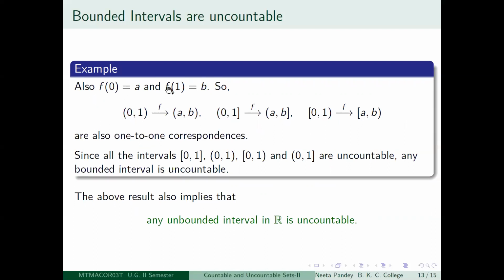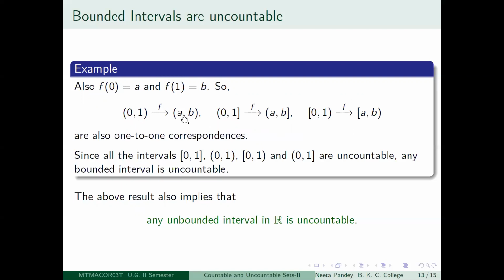That is, you could have sent 0 to b and 1 to a. But why complicate life? So we will just take this straightforward one. So this f has this particular property. Therefore, all these three mappings where you restrict the domain are going to give you a one-one correspondence with the corresponding images of f.